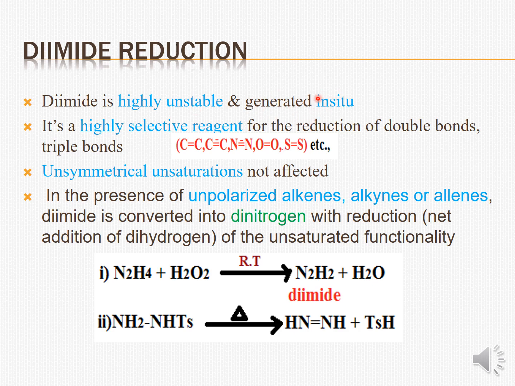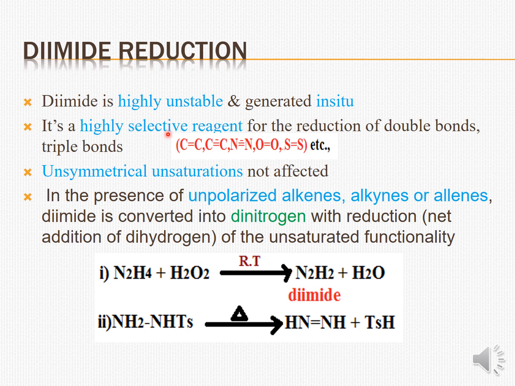In situ means the reaction mixture which is taking place inside the portion. Okay, so whatever you are doing within itself, that reaction is known as your diimide in situ reaction. And you can use this in various fields also, geological and biological as well.